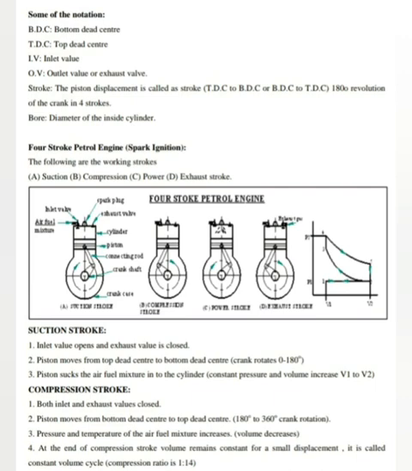The charge used in a four-stroke petrol engine is a mixture of air plus petrol and is supplied by the carburetor in suitable proportions. The charge is ignited by the spark generated by the spark plug, and for this reason the petrol engine is also called a spark ignition engine. Working.